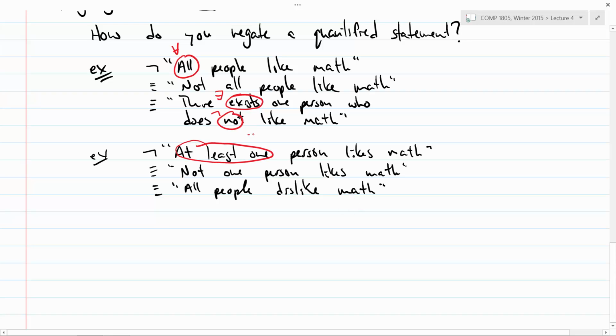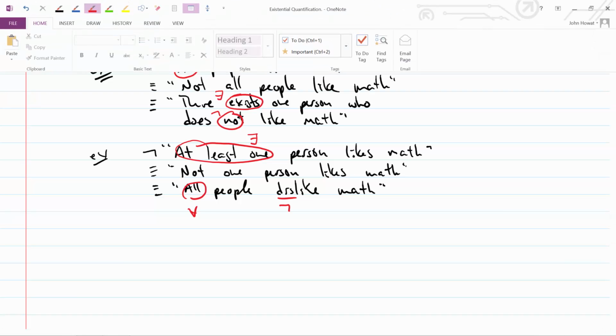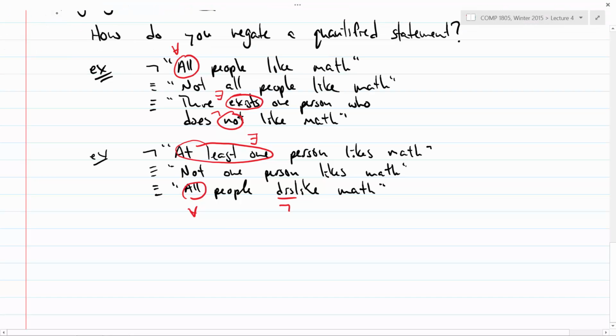And at least one means exists, right? At least one, that's our definition for exists. And what we ended up with was all and dislike, which is basically a negation, right? Because the original thing was like.